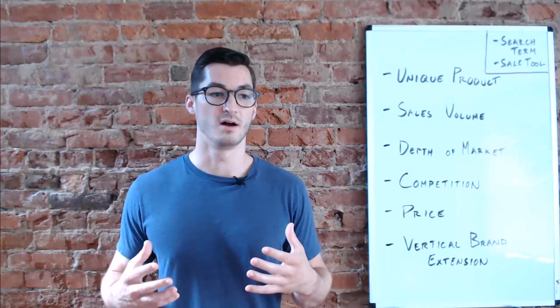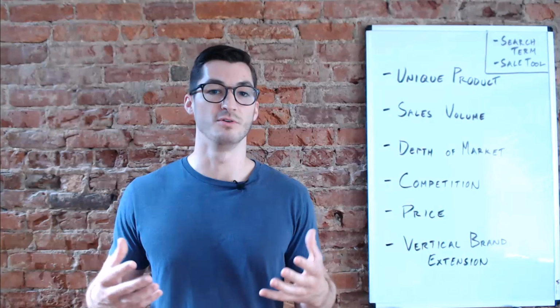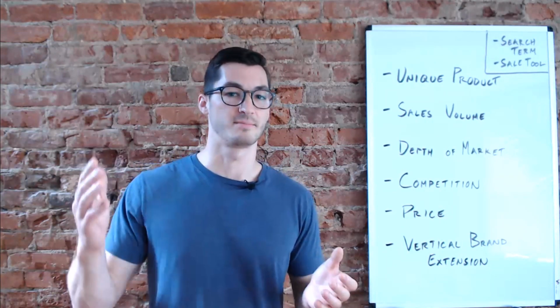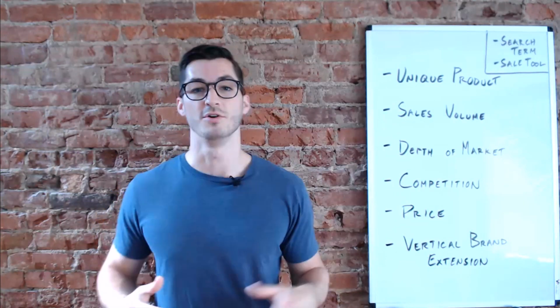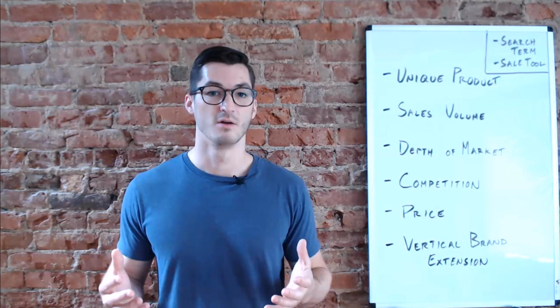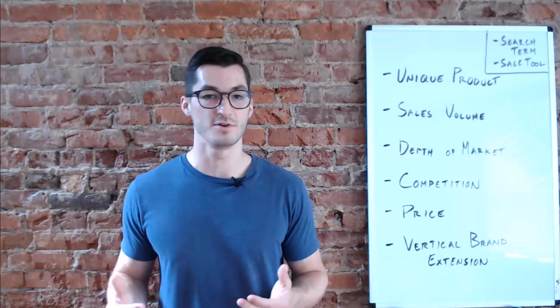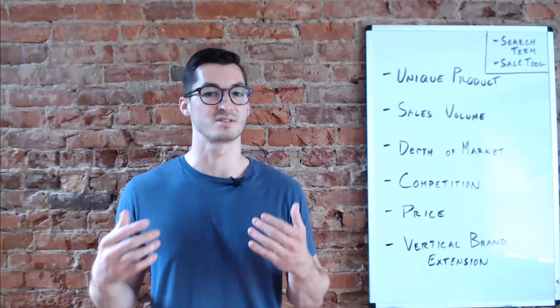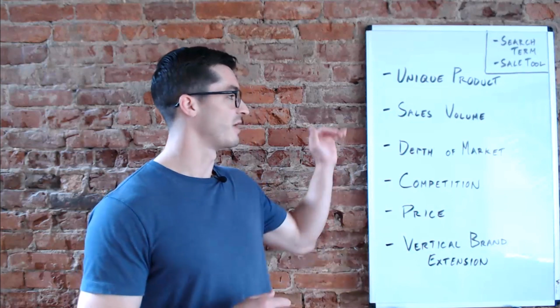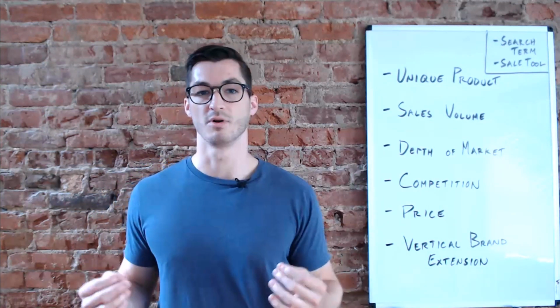There's enough volume, units being sold per month across the top 10 sellers that make this a good volume product. We need to be doing enough volume on Amazon so that we have enough turns in our inventory and we don't get stuck with it. So having enough sales volume is super important.